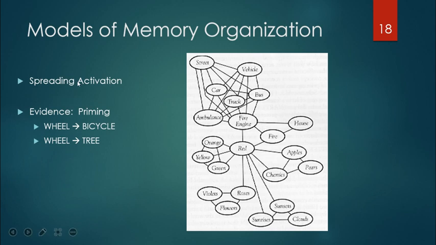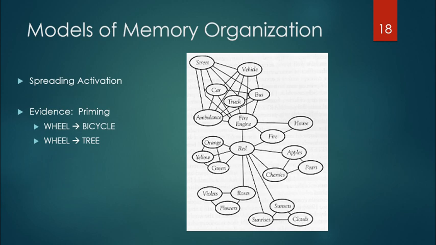We have evidence for this idea of spreading activation from what we call priming studies. So in these priming studies, experimenters will have a participant simply respond to a word. They're usually given a word or a non-word. A non-word is simply a random string of letters that's not a real word.